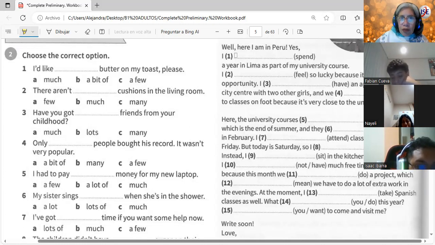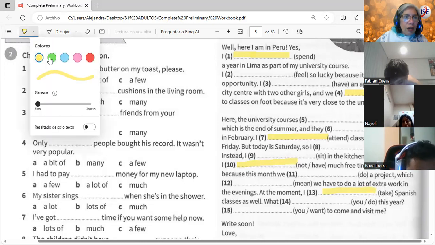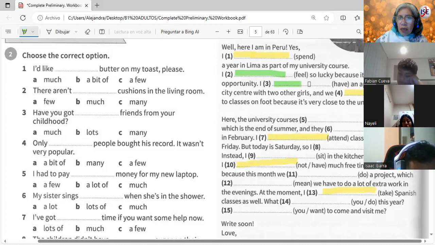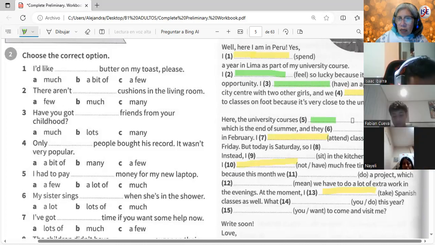So yellow here, yellow, and yellow. Second color, green, green. Not green here. This is not green.